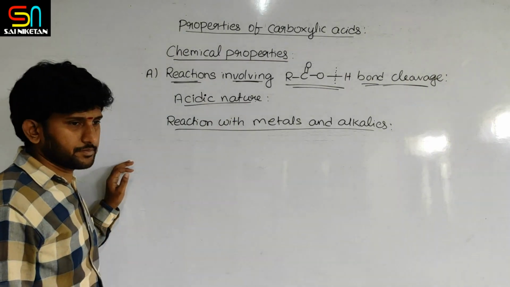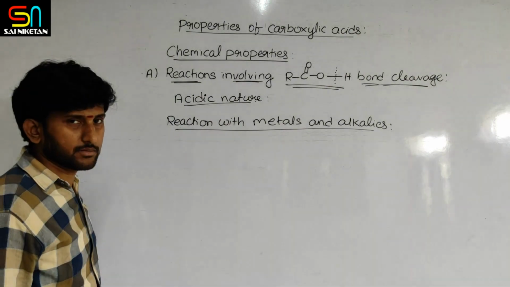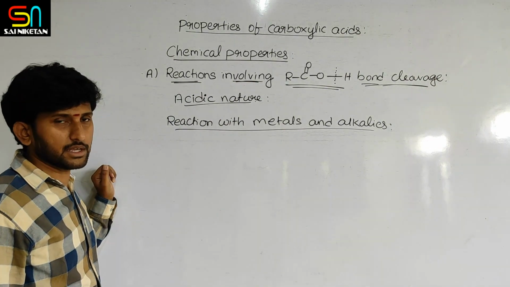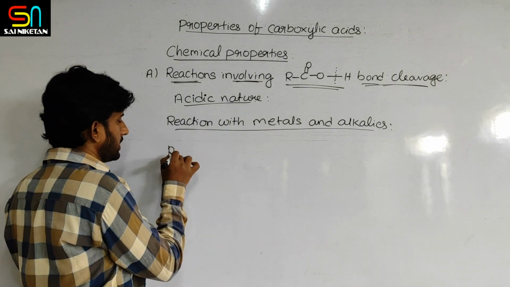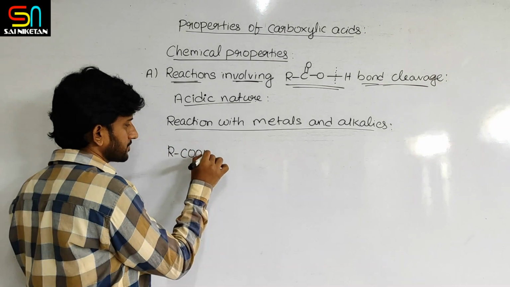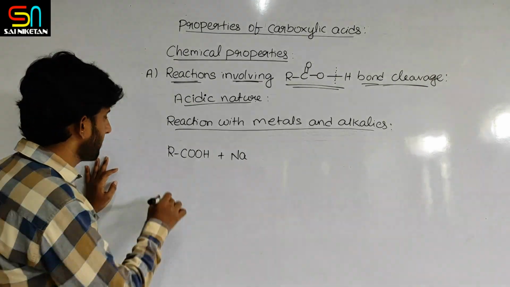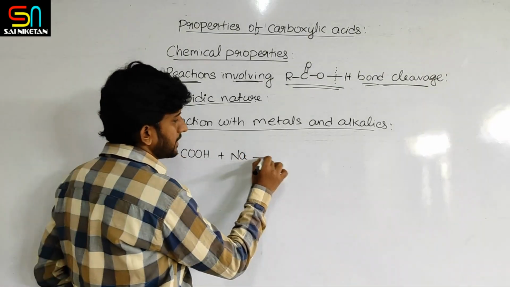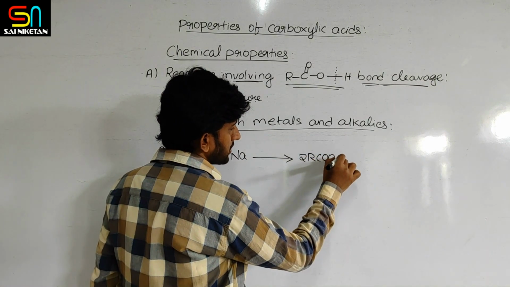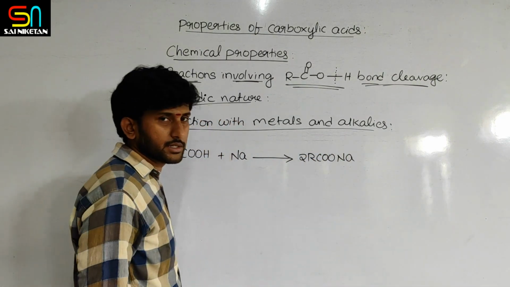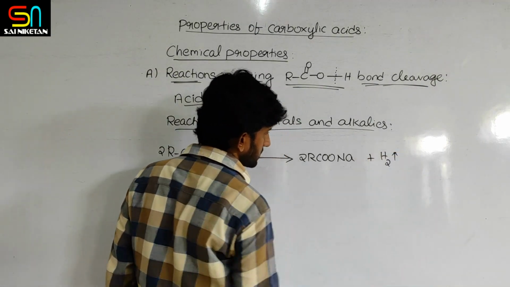Electropositive metals can react with acids with the liberation of hydrogen gas. You take any carboxylic acid on reaction with sodium metal, it produces sodium carboxylate plus hydrogen liberation.